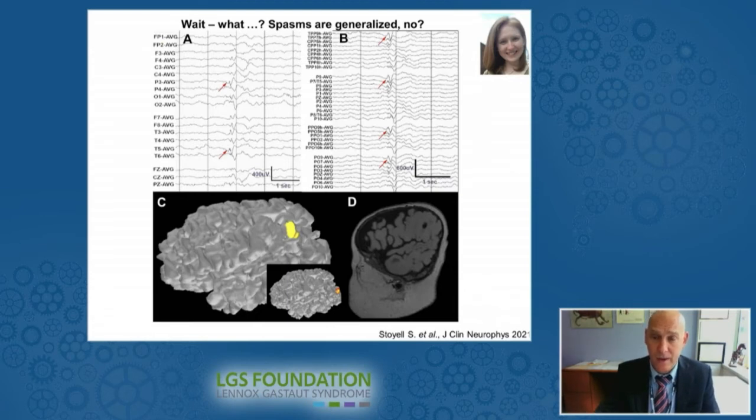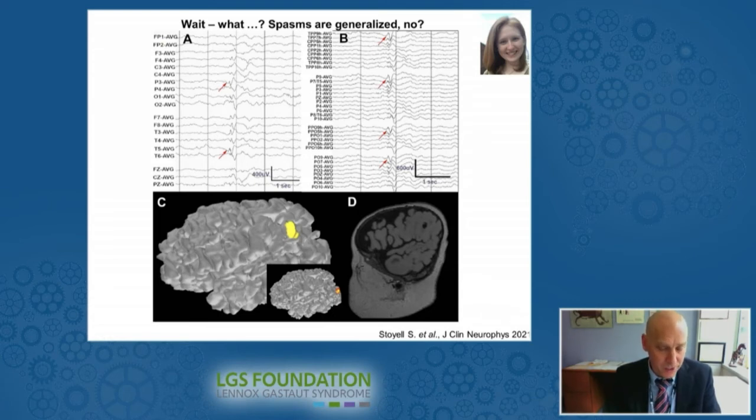So here, from work from Catherine Chu at Mass General, we presented a case where a focal discharge was readily part of the infantile spasm, and you can localize it to this region, which in an MRI coincided with this cyst-like tuber here, and the patient was spasm-free after surgery.